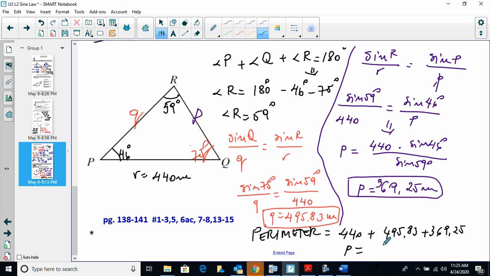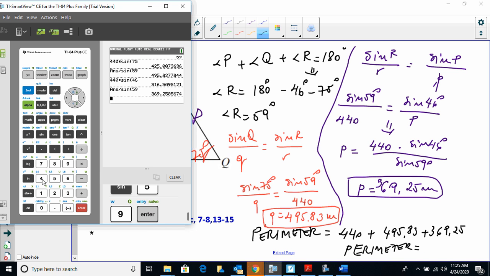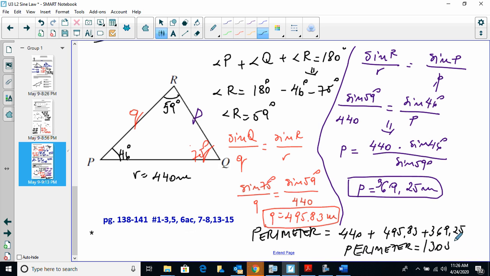So let's write perimeter: 440 plus 495.83 plus 369.25 is 1,305 meters.